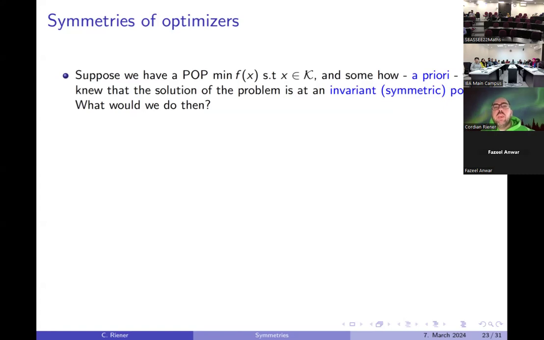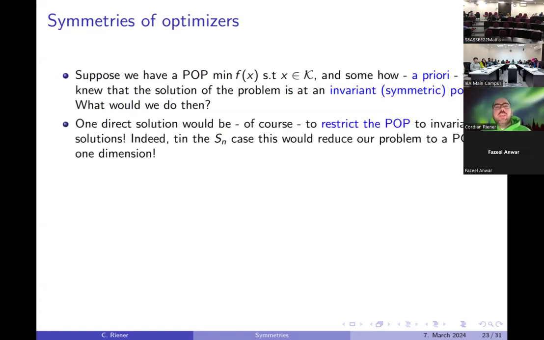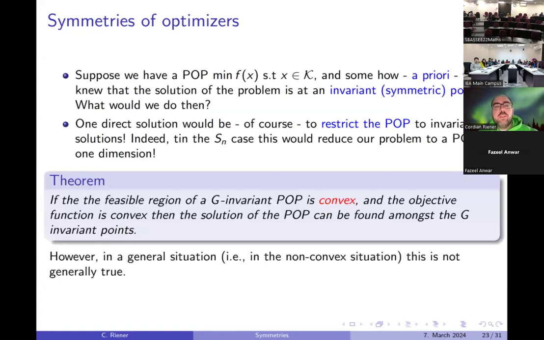He tells me, don't worry, I can assure you that the solution is a fully symmetric point, if you want to think about the symmetric group. So you only have to check points that have full symmetry. Well, this of course drastically simplifies the problem because we only look in this case at a one-dimensional line, all points with the same coordinates. So this would be really good news if Carlos had such information.